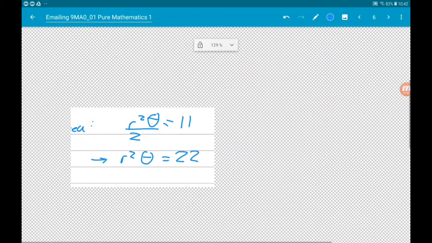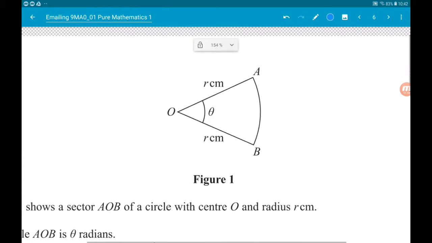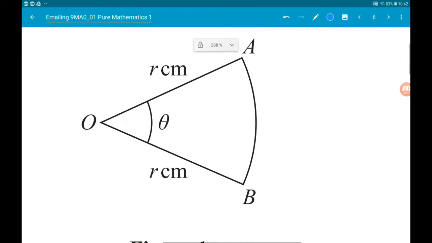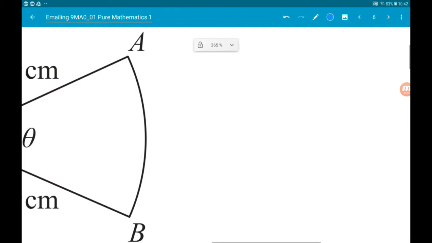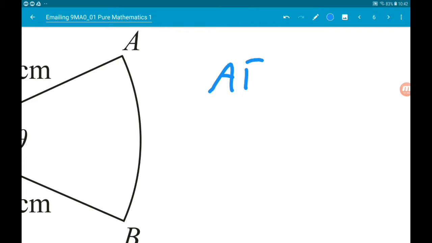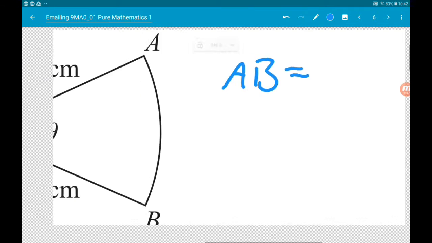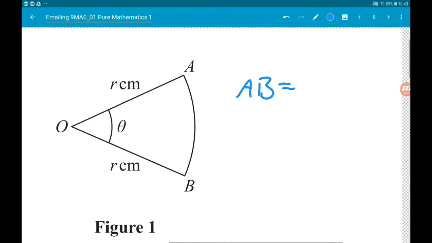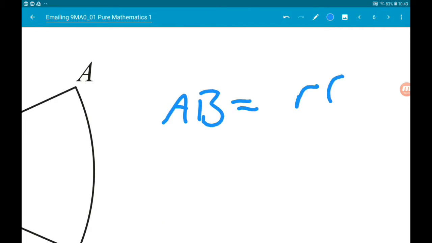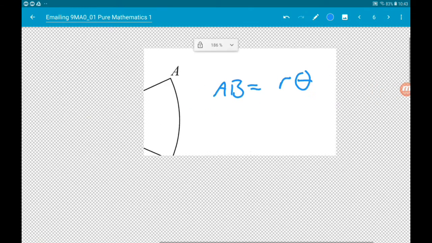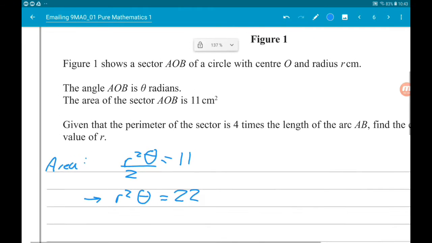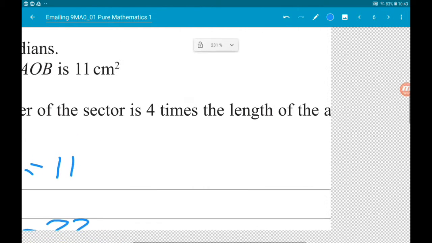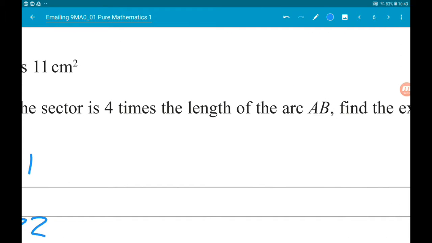So what we also need to do is work out an expression for the arc length. So AB, the arc length, remember the formula for that is just r theta. Now the question tells us that the perimeter of the sector is 4 times the length of the arc.